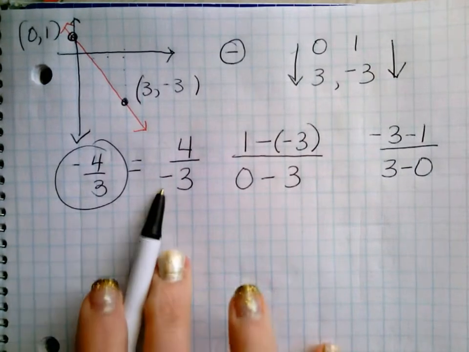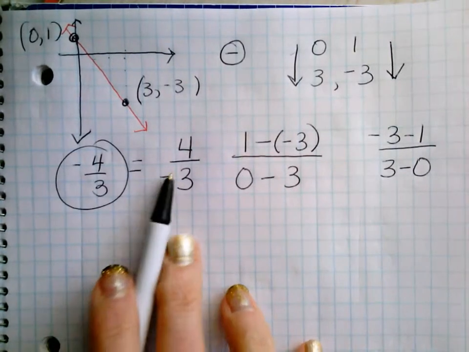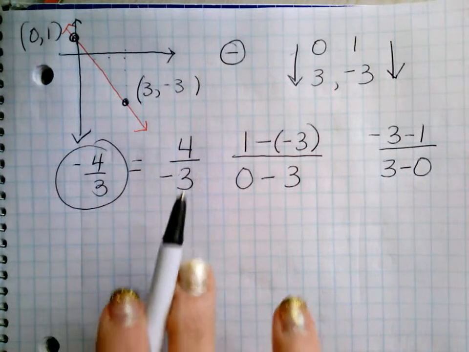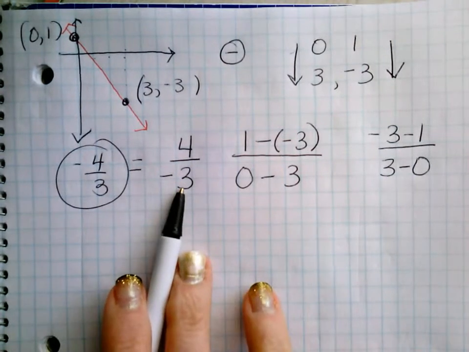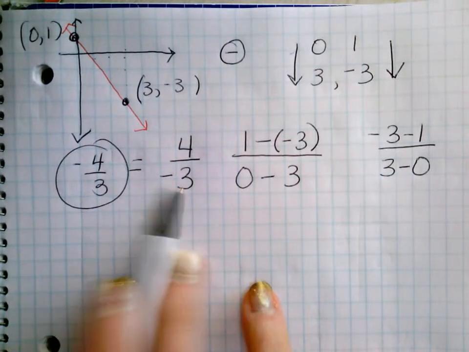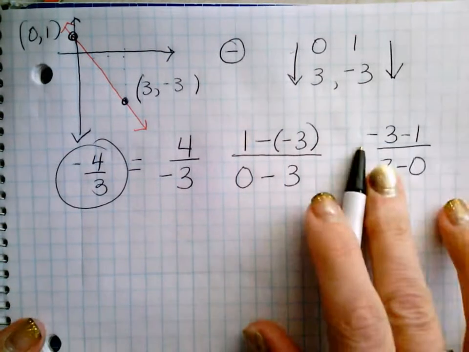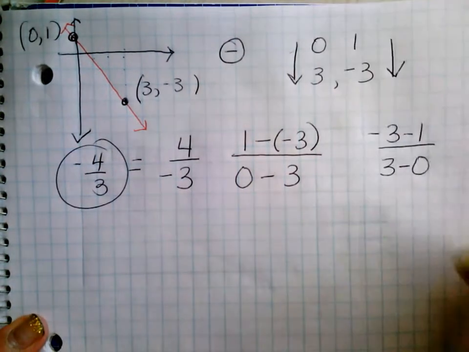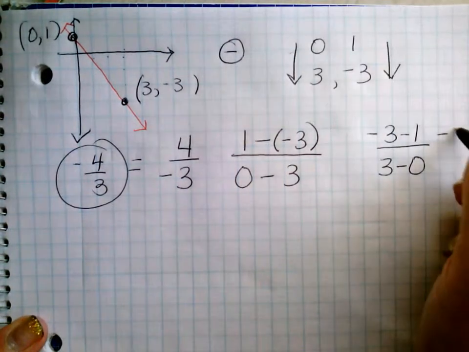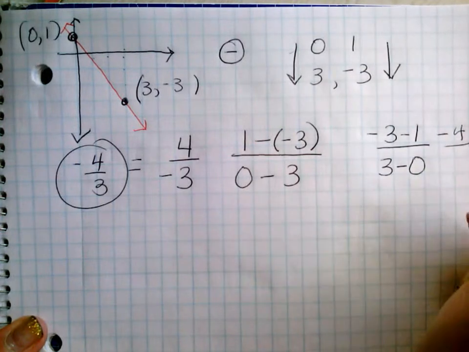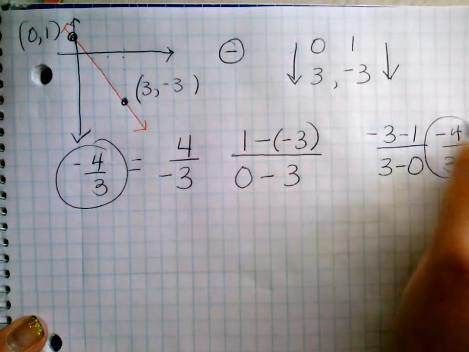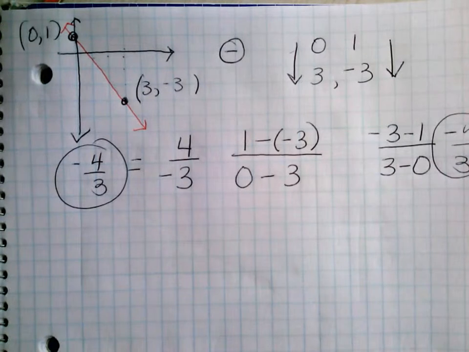Okay, you don't have to leave your negative attached to the 3, because anytime you have a positive numerator and a negative denominator, the resulting quotient is negative. Over here, negative 3 minus 1 is what? Negative 4. 3 minus 0 is what? 3. Same answer, as long as you go the same direction.